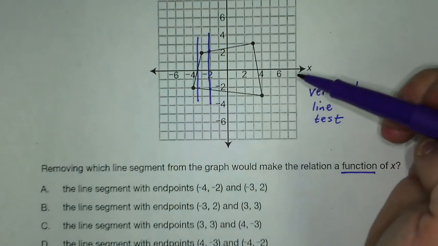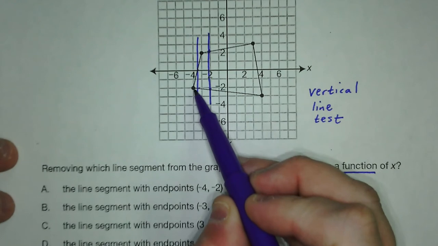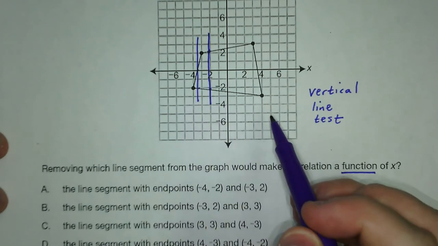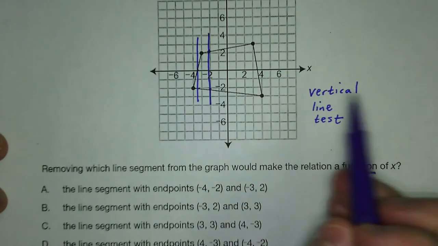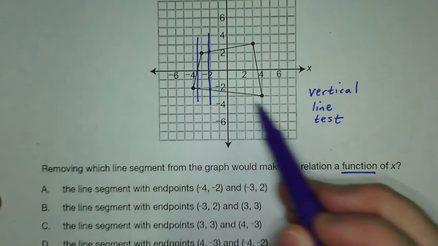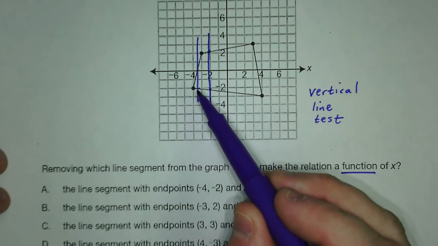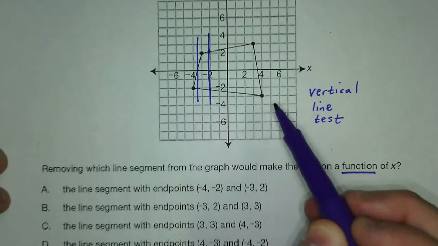You still have that to show that it would still fail. So it's this bottom line segment, okay? Once you know about the vertical line test, it's kind of just common sense that it's the bottom line segment.